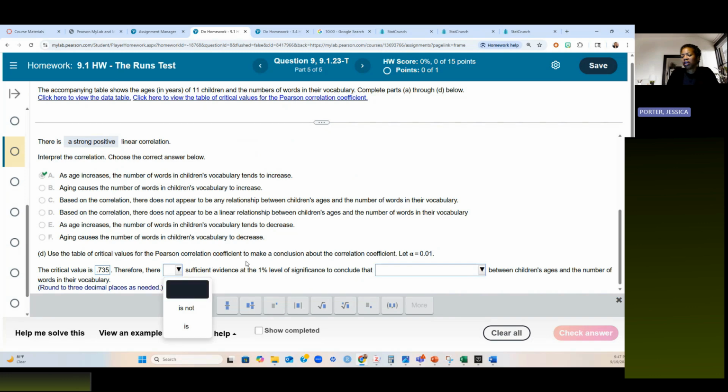Therefore, there is or is not sufficient evidence. What do you think? Is there sufficient evidence?